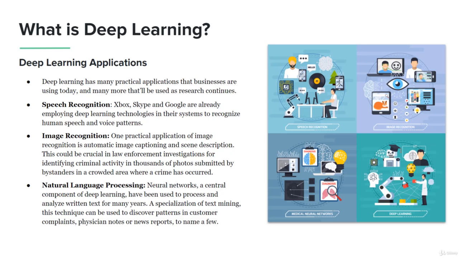And then we have natural language processing. So neural networks, a central component of deep learning, have been used to process and analyze written text for many years. This is kind of what I was talking about, the natural language processing, as far as the emails, right? The speech recognition and the natural language processing.